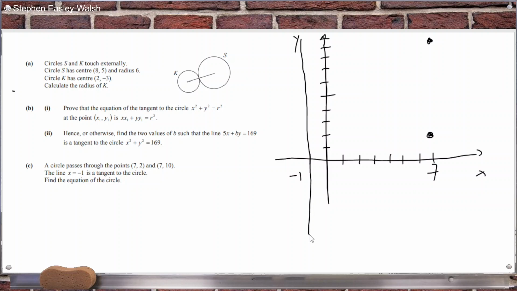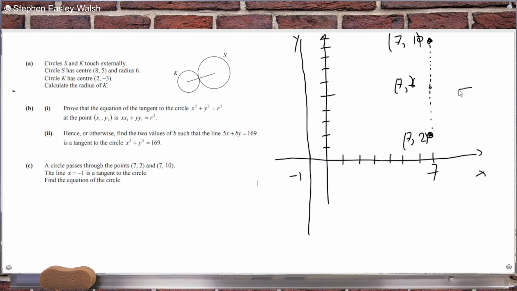And there's the line x equals minus 1. It's nice that they're lined up, because if that's a chord and I draw a perpendicular bisector, with one end at 2 and the other at 10, then the perpendicular bisector would be at (7, 6) in the middle.